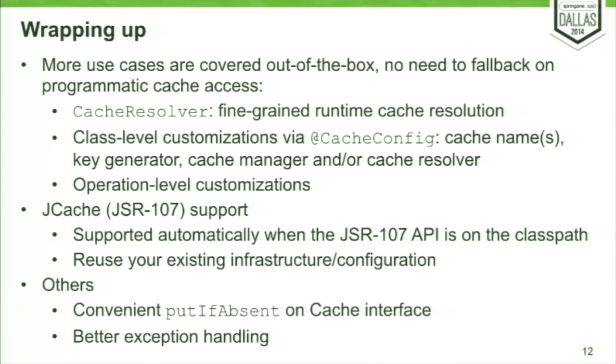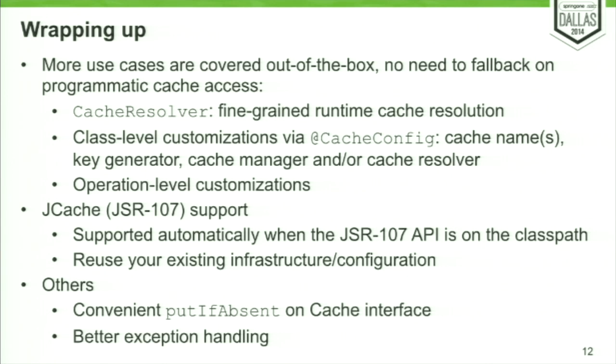So we've seen those. The cache resolver, which allows you to resolve the cache to use at runtime in a much more fine-grained way. The class-level customizations, which allow you to share common settings for your service without copy-pasting the redundant options. And even method-level customizations, which, by the way, work per operation.